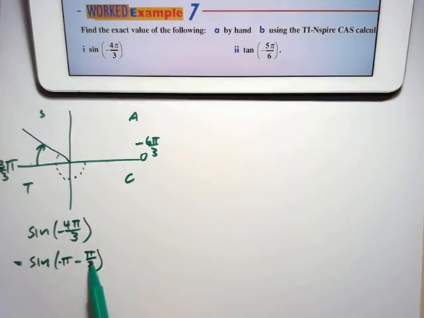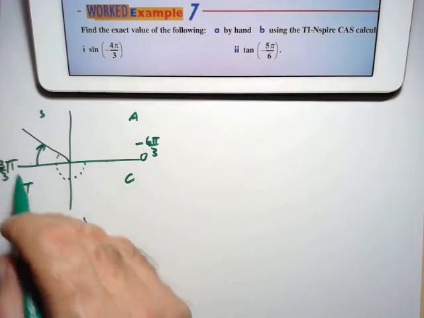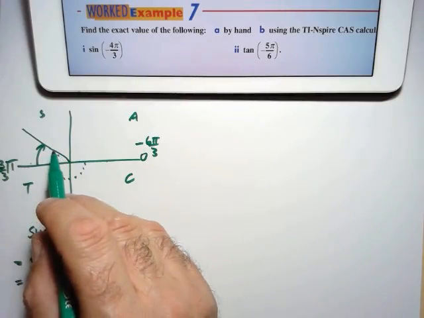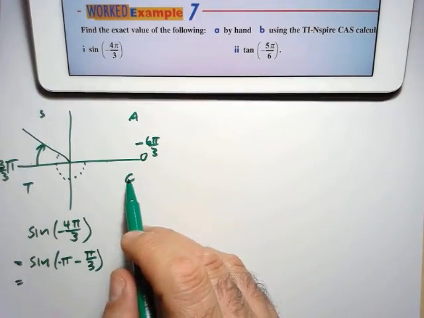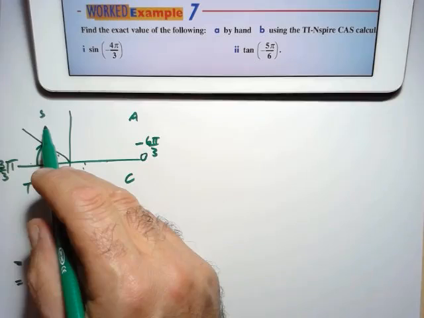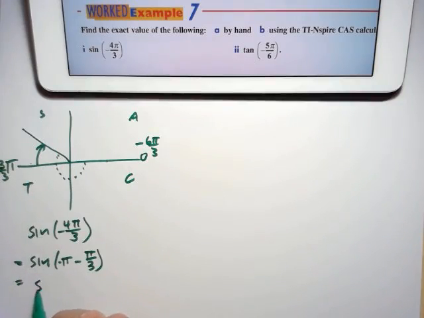And pi over 3 then is my reference angle. Remember this negative only tells me where I'm finishing up. Now to find out the sign, I look at my CAST diagram. In this case, sine is positive in my second quadrant, so it's going to be the same as the sine of my reference angle, pi over 3.